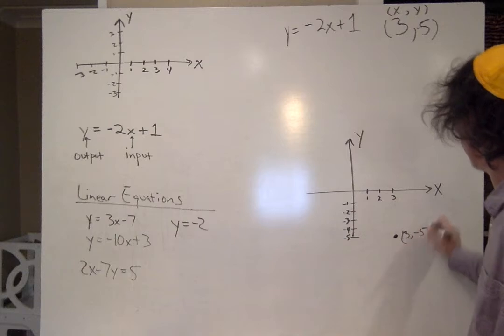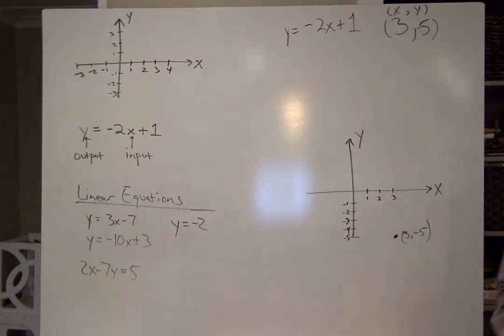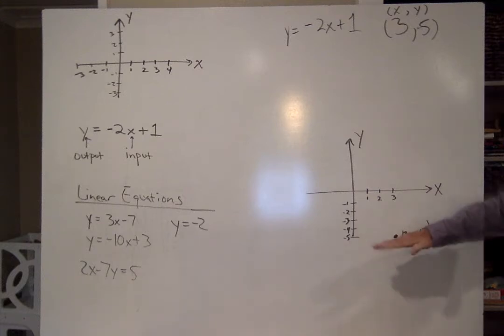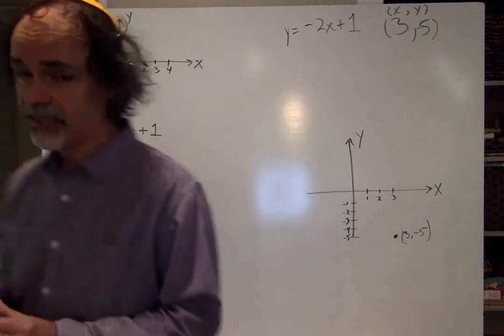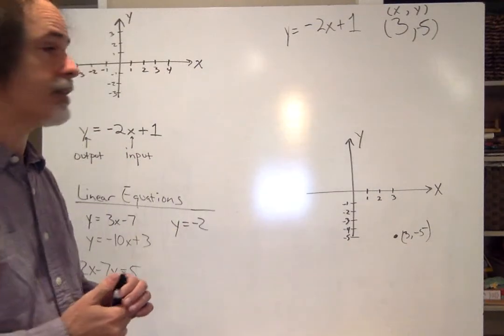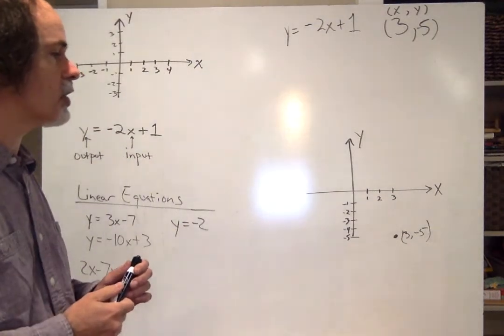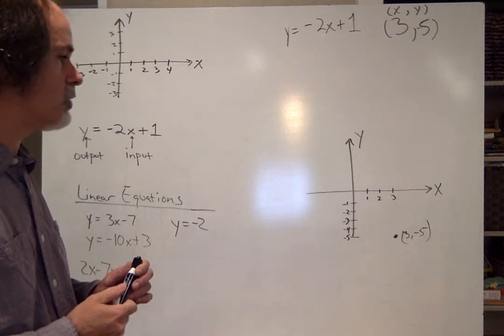There's the point 3, -5. Now I need, in order to make the line, right, now this line could be anywhere going through that point. That's a solution to the equation. I need a second point.